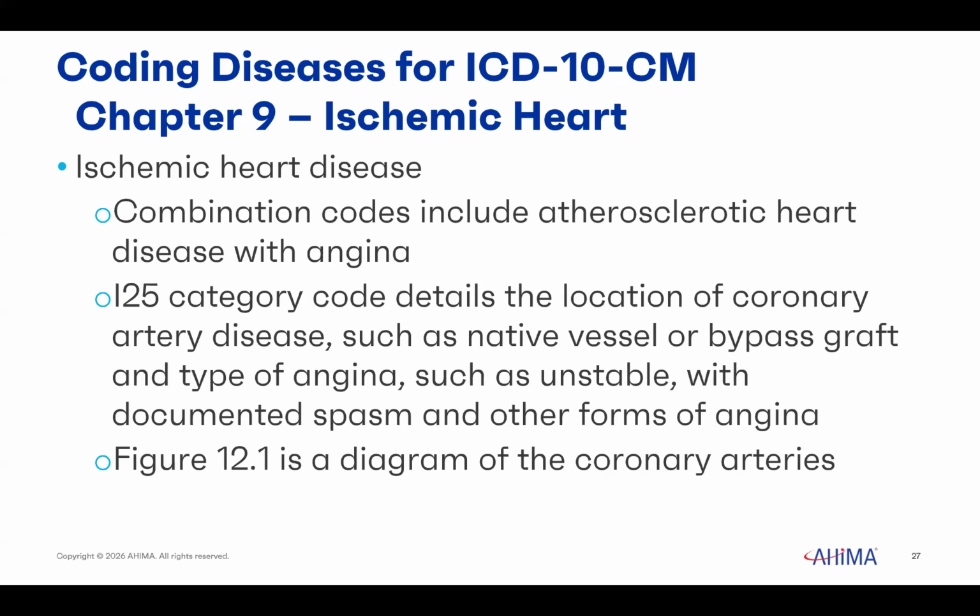I25 category codes talk about the location of the coronary artery disease, such as a native vessel, the bypass graft, the type of angina as being stable or unstable with the spasm, and so on. You may want to review figure 12.1 in your text that discusses the coronary arteries.